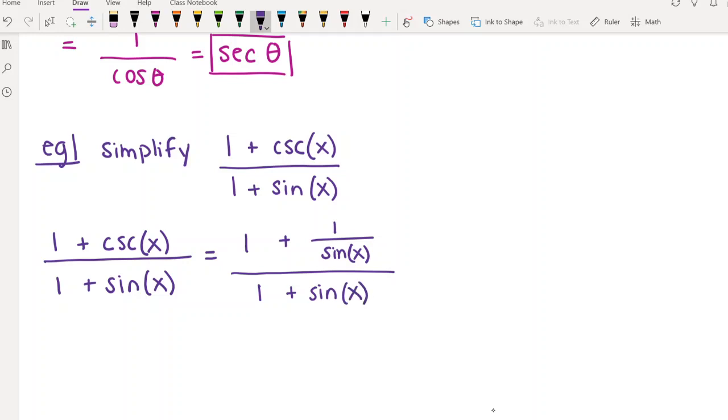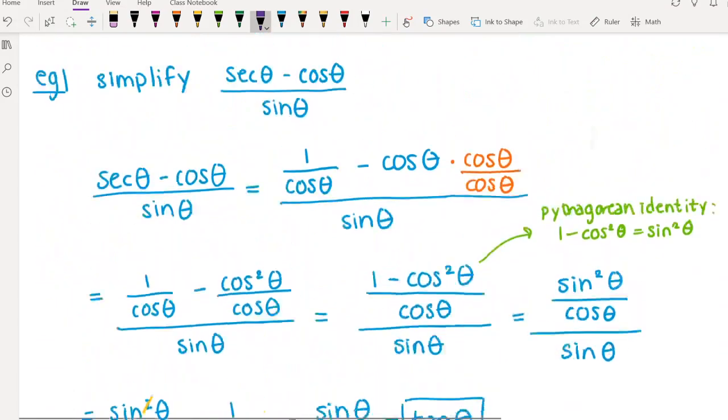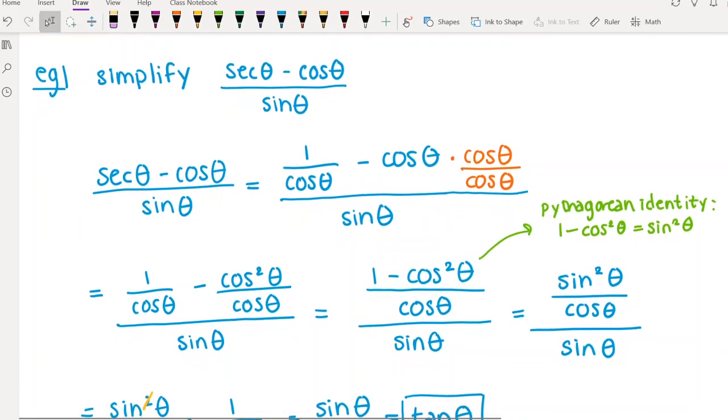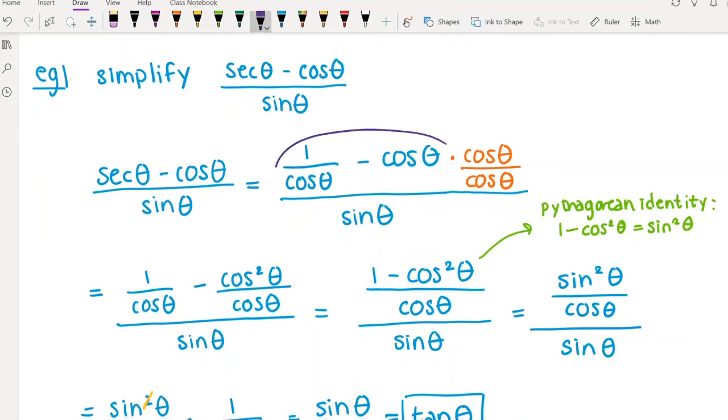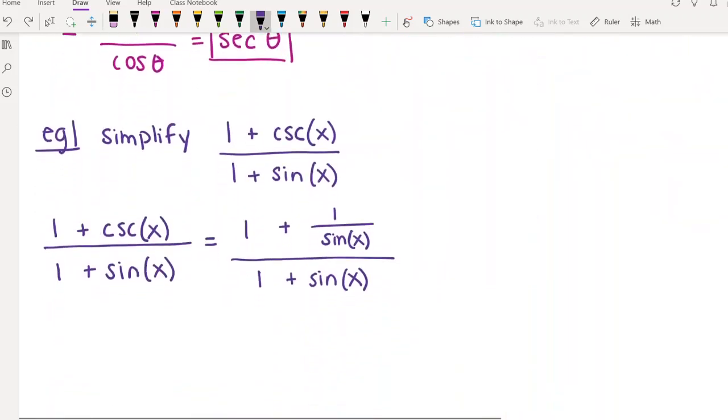So now we want to make a common denominator in the numerator. So in this case, it's pretty similar actually to this example, where one of them's a fraction, one of them isn't, but we're going to force them to both be fractions so that we can put them together.